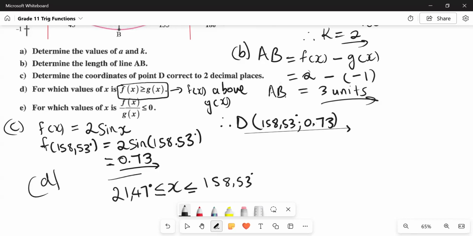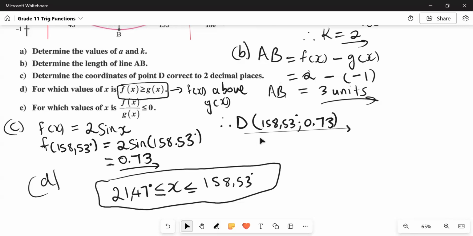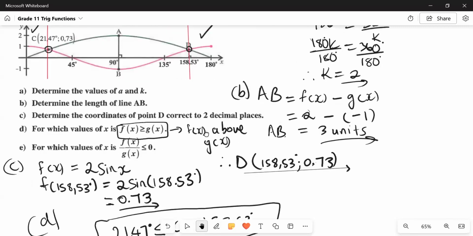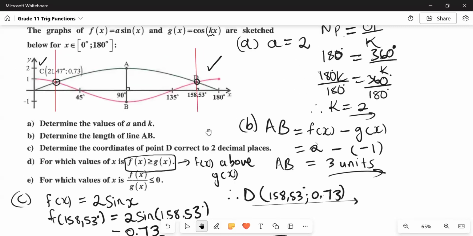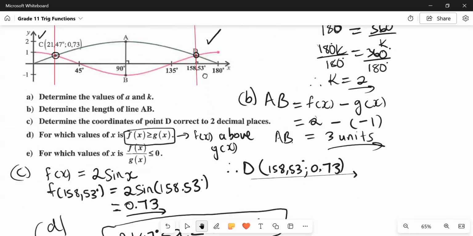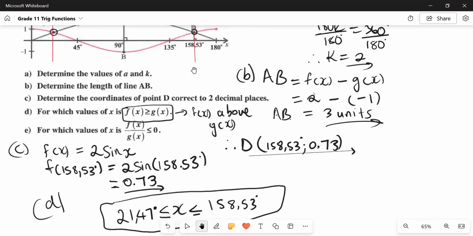That's where the graph of f is above the graph of g. Yeah, it's correct. I'm including my solution here because of this original sign given to us. It was already included, right?